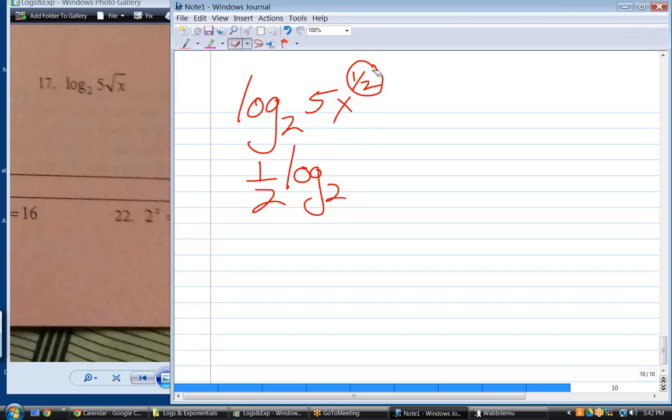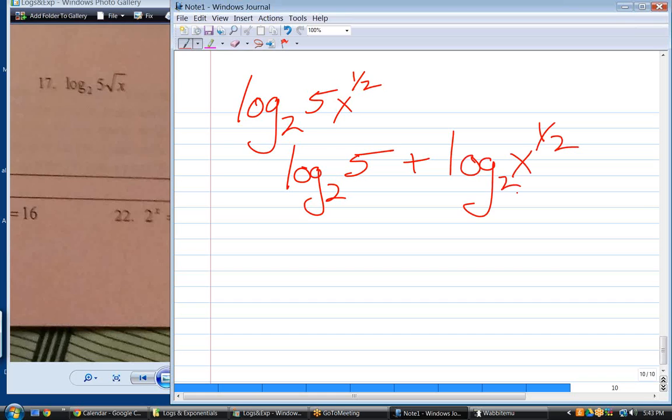So the half doesn't go with the 5. It only goes with the x. In other words, if we do it in 2 steps, this is the first step I would do. With me? Now the second step would be to bring that down. But I don't end up with a half in front of this first part. I do over here.